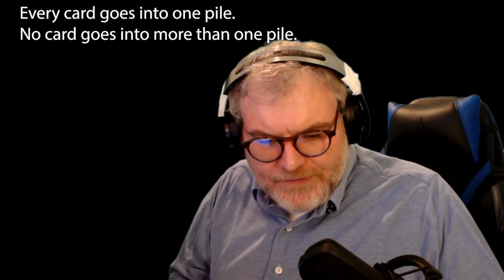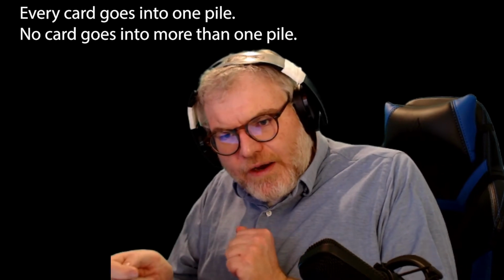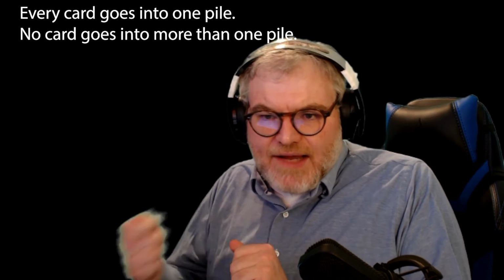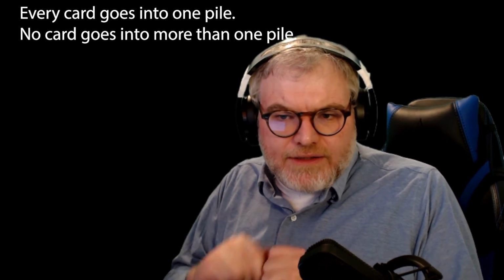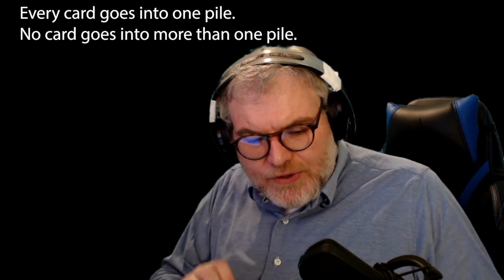It can't go in 2. The cards cannot be in 2 places at once. So that's the idea here. That's the intuition. I'm going to put every card in a pile, or associate every card with a pile, and I'm only going to associate it with one and only one pile. I can't put a card in 2 piles at the same time.